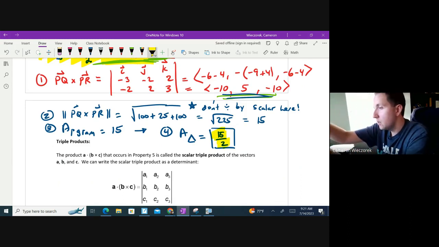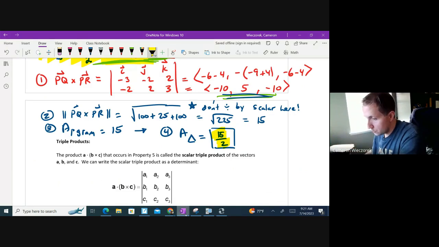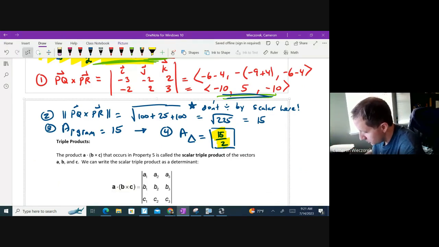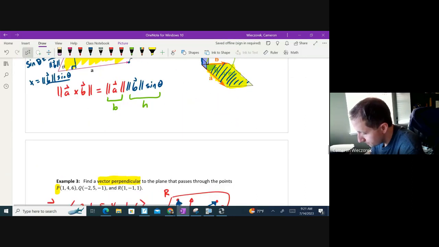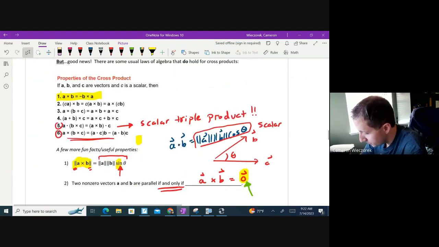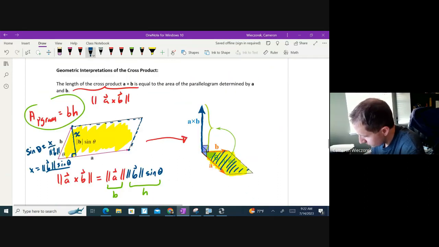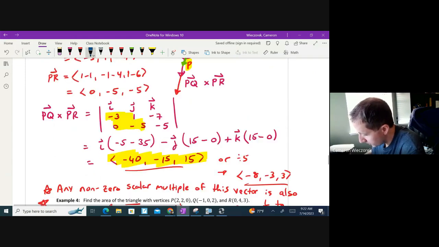Okay, almost done here. The last part, we have what's called triple products. I mentioned this a couple slides ago. Property 5, right here. A dotted with B cross C. That's called the scalar triple product. And there's a nice way to remember how to compute it.